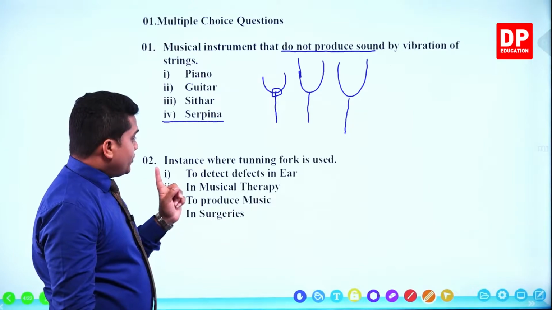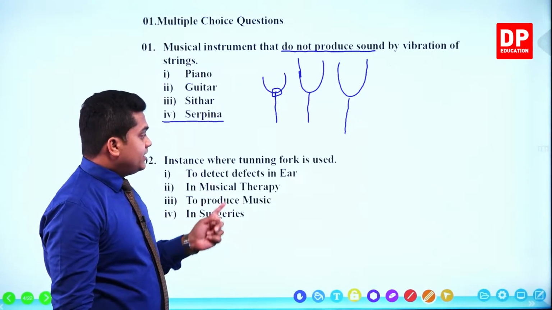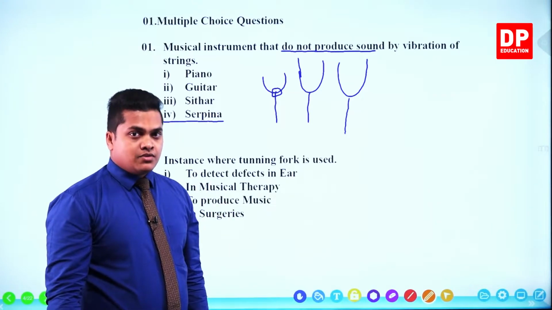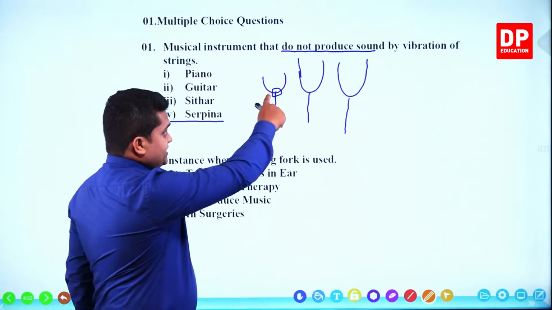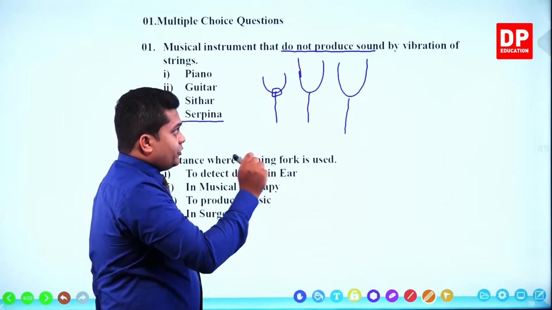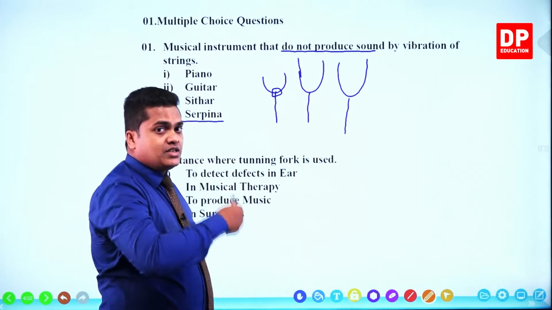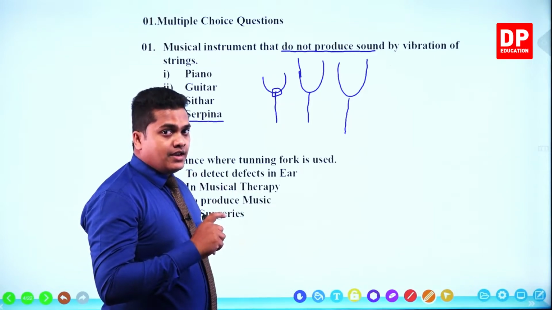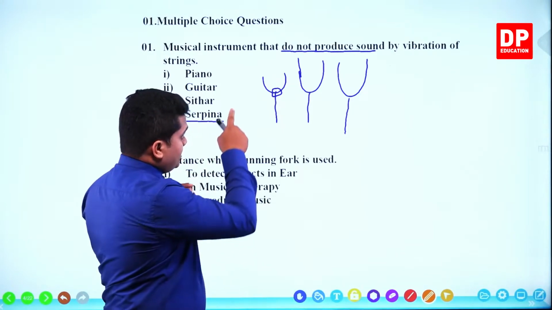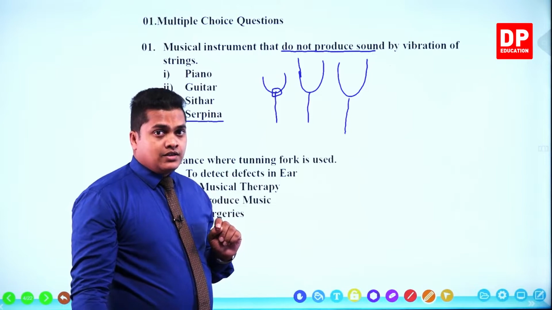Number 1, to detect defects in the ear. Absolutely, that's my answer. It's because I told you frequency is printed on each of the tuning forks. So when it is vibrating, the sound is going to emit and we can see the frequency printed on the base.